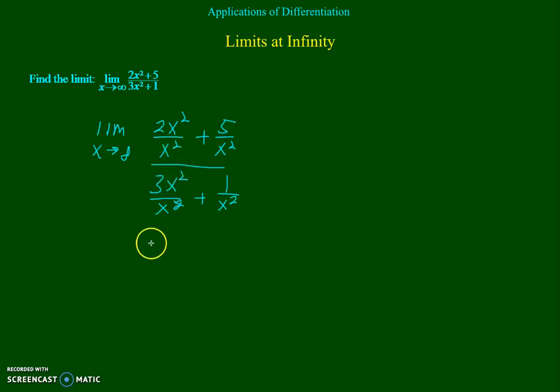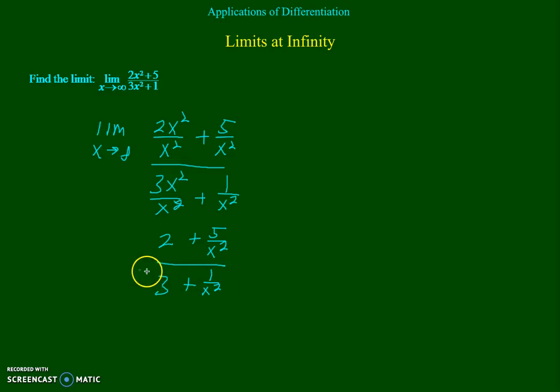So this value is going to go to 2, plus 5 over x squared, over 3 plus 1 over x squared.